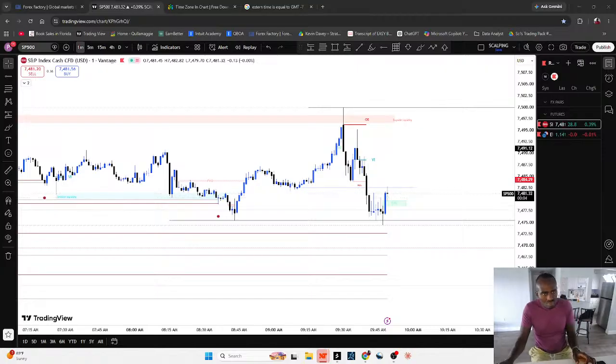Let's see for ES as well. I could see NASDAQ going for this. I probably honestly just traded to sell side here.